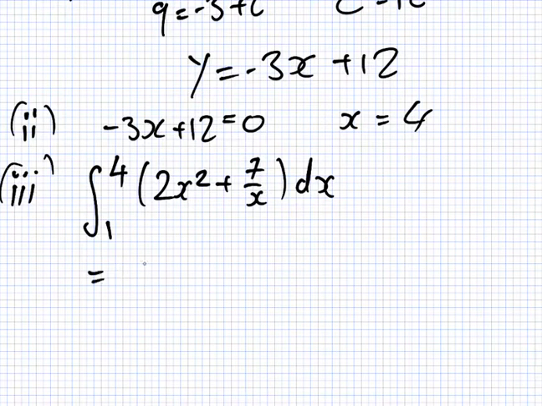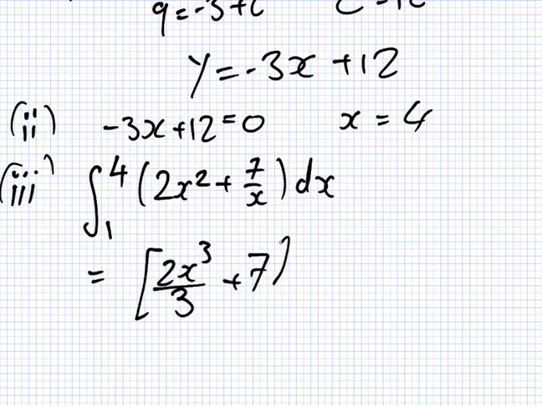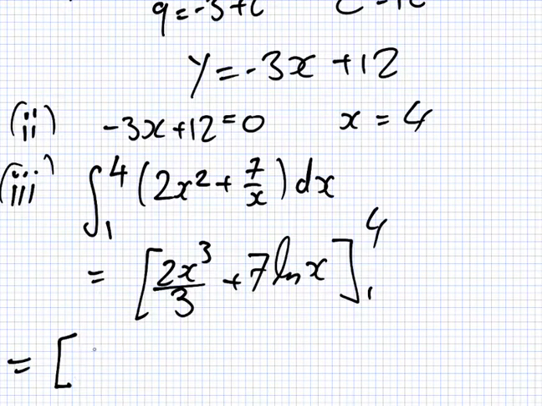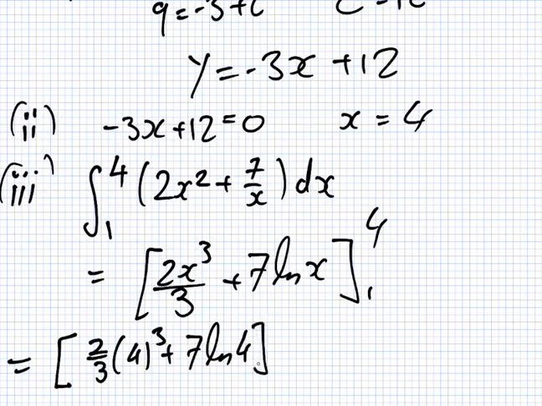So that is 2x cubed over 3 plus 7 log x, 1 to 4. So you put in 4 first. So you have 4 cubed times 2 over 3. I'll just write it in. 2 over 3, 4 cubed plus 7 log 4 minus, then you put in 1, 2 over 3, and that's 0.